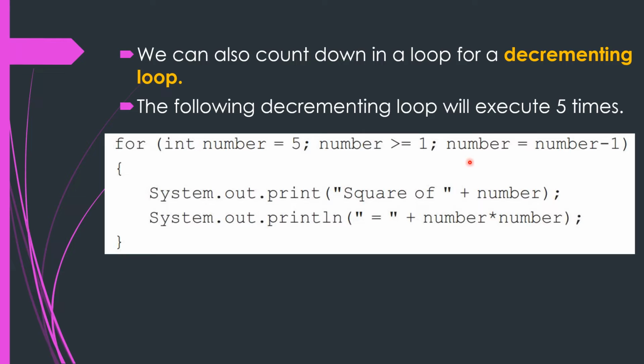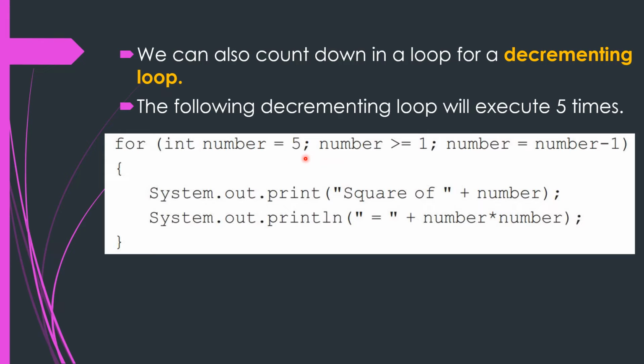After that, the change counter step consists of the statement number is equal to number minus 1. So this is what will happen after the execution, and these are the initialization values and this is the test condition. So here basically we have initialized the number and then we have provided the test condition.